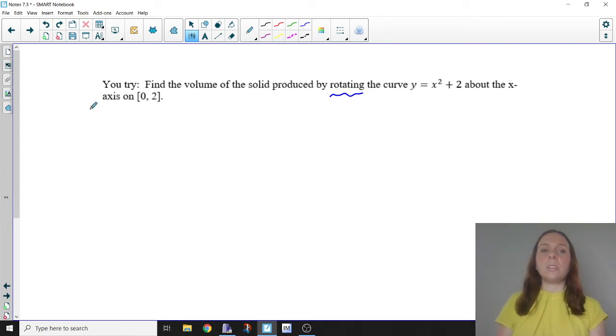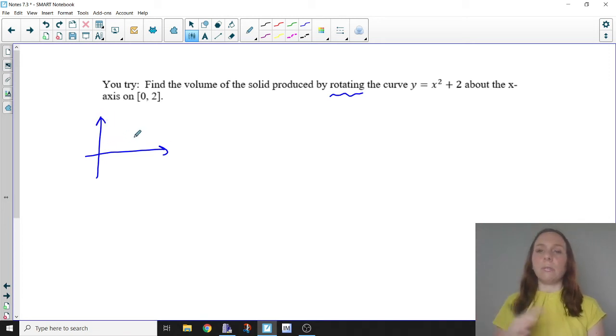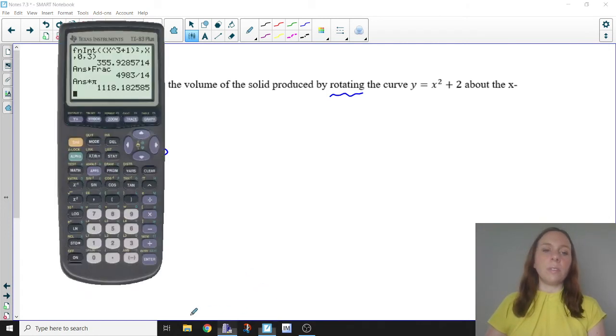So we're going to use the same formula. I still recommend that you sketch the graph of the function given, so that you can make sure there's nothing funny going on, such as the graph crossing over the x-axis over the interval, or anything like that. For this one, it's just a simple parabola, but I'll go ahead and graph it in here.